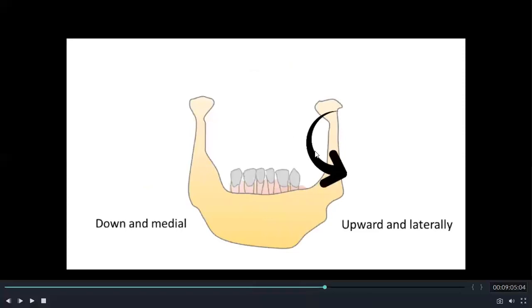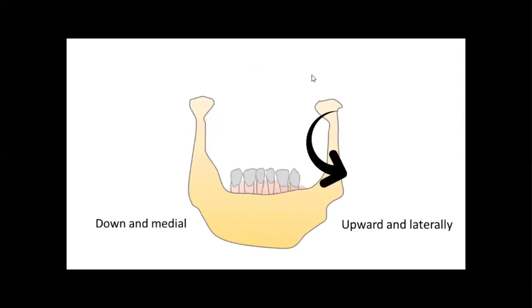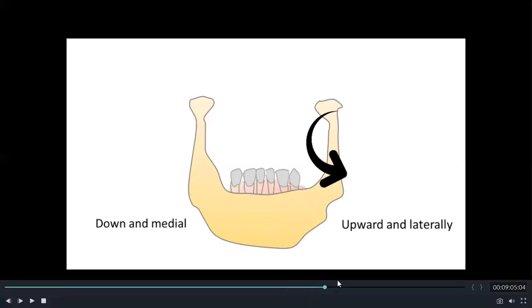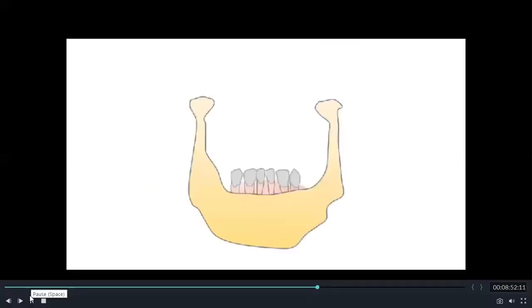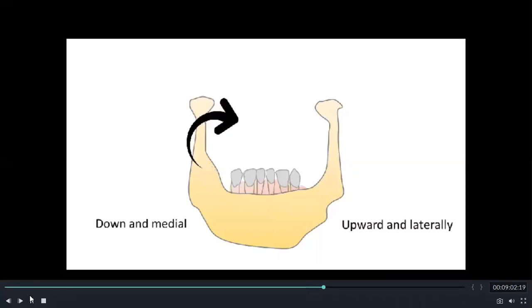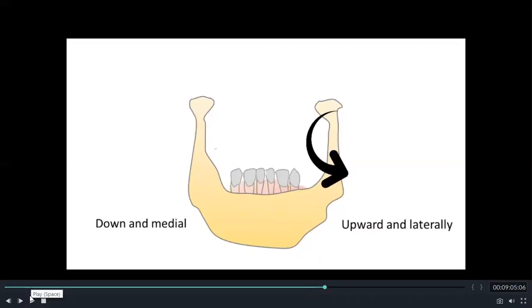When you move the condyle to this side, this becomes the working condyle and this becomes the non-working condyle. So what movements happen in the working and non-working condyle? The working side condyle moves down and medial, and the non-working side condyle moves downward and medial, and the working side condyle moves upward and lateral.